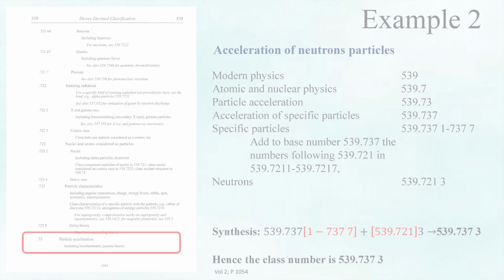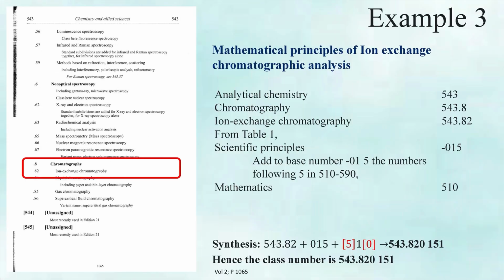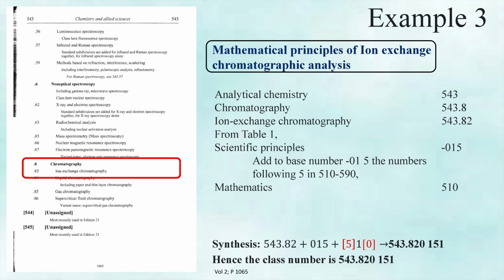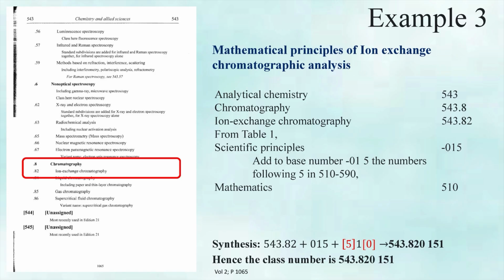Okay, the third one comes with the title Mathematical Principles of Ion Exchange in Chromatographic Analysis. For a non-science or non-chemistry student, it is hard to analyze what the main class is. So for your help, I can tell you that it comes under analytical chemistry.